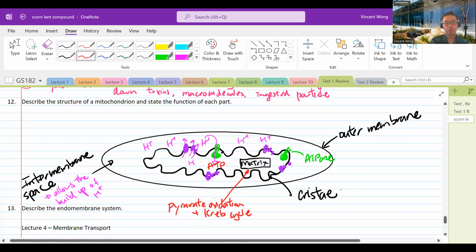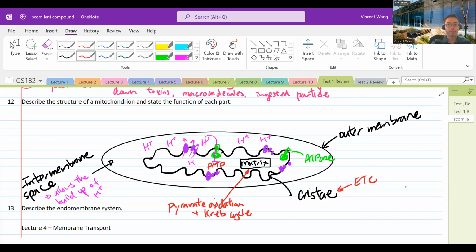And for the cristae, that's where the ETC is embedded. So there you have it, the different parts of the mitochondria and their relation to cellular respiration.